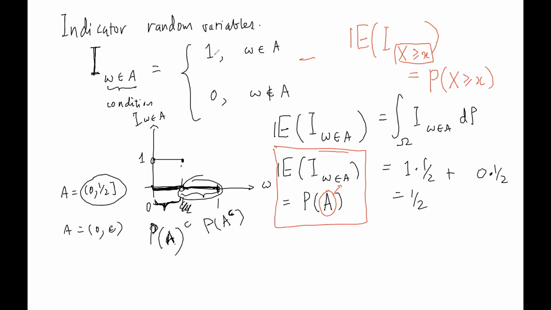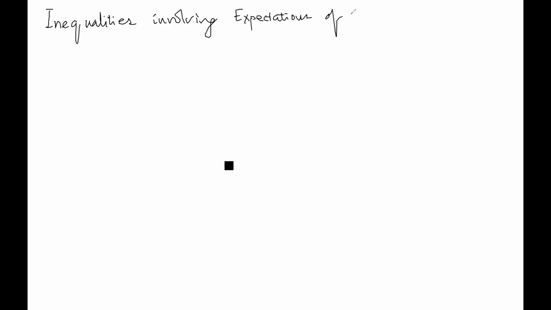All right. So now that we know a little bit more about expectations, maybe we have a bit of time to look at an example of inequalities involving expectations of random variables.